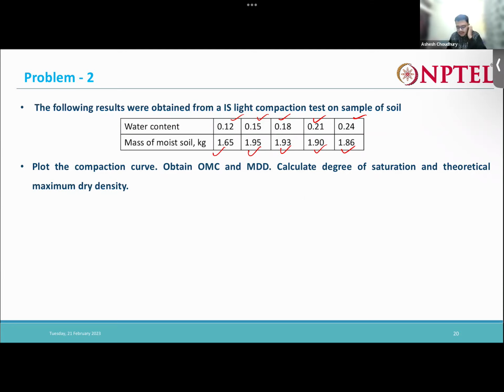Also, we need to calculate the degree of saturation and theoretical maximum dry density. So let us do it step by step. First we have the water content, let us write 0.12. This is the moist mass.